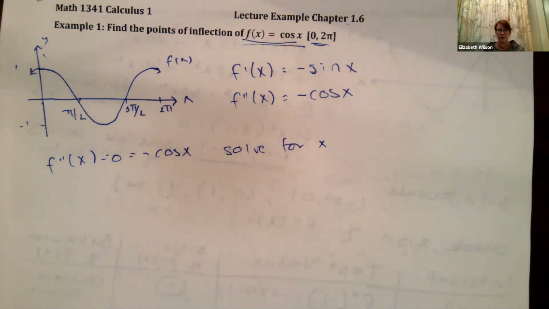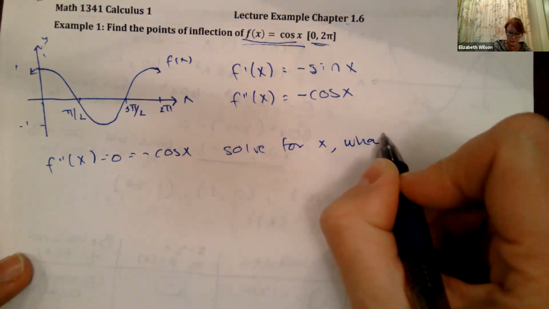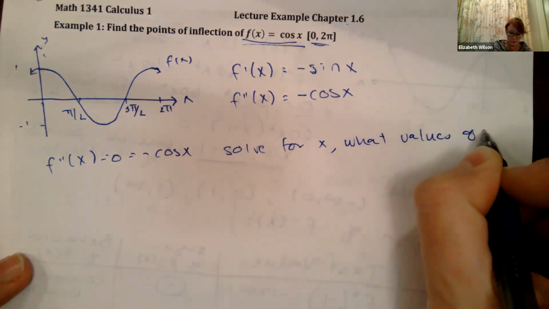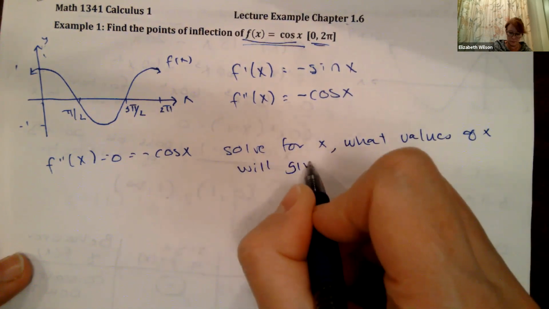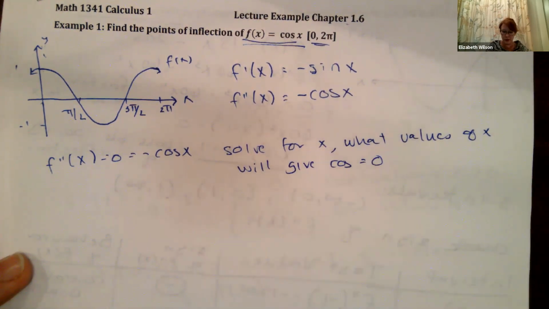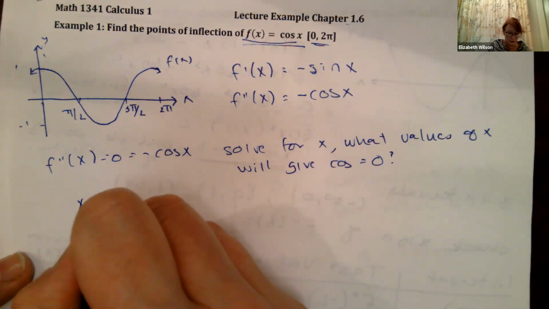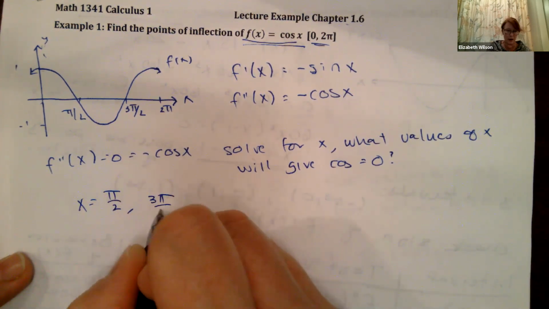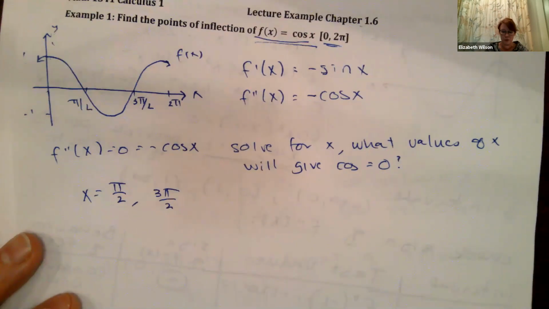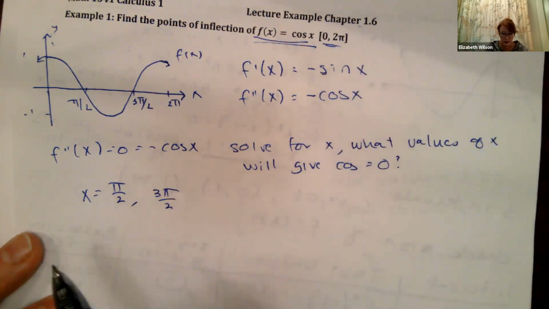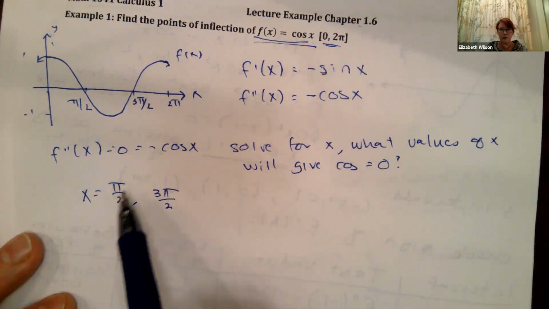The question I need to ask myself is, within this interval 0 to 2 pi, what values of x are going to give me cosine equal to 0? We're taking the inverse cosine of 0, essentially. And I'm working in radians, so this is going to be x equals pi over 2 and 3 pi over 2. Now remember, we've limited this to just the interval 0 to 2 pi. Otherwise, I'd have to look at multiples of pi over 2.